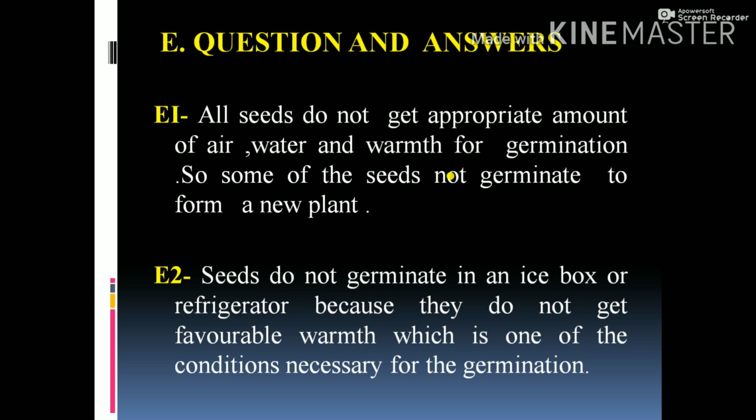Seeds do not germinate in an ice box or refrigerator because they do not get favorable warmth, which is one of the conditions necessary for germination. We can't get warmth, the hotness, in the refrigerator, so the seed will not germinate. Clear to all of you?